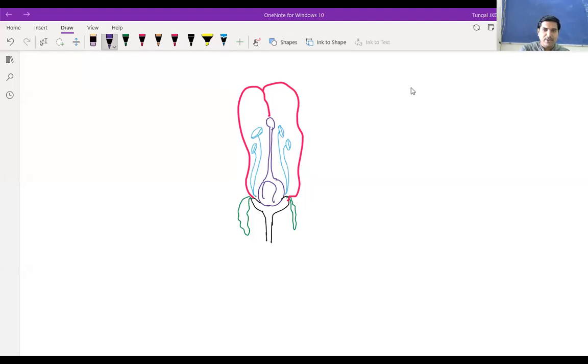Now, what are the parts that we can see here? At the base, this is said to be the pedicel. Then this one is the sepal. This is the petal. Here, this is the first part, stigma.